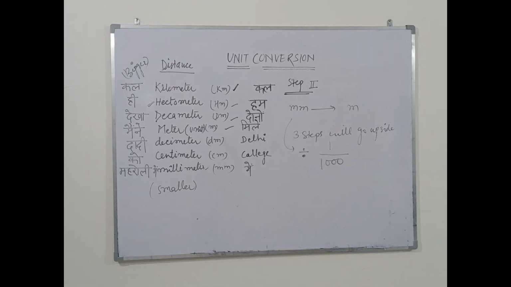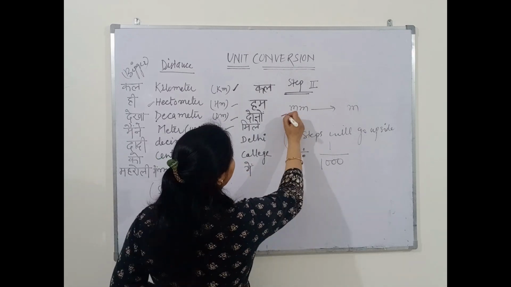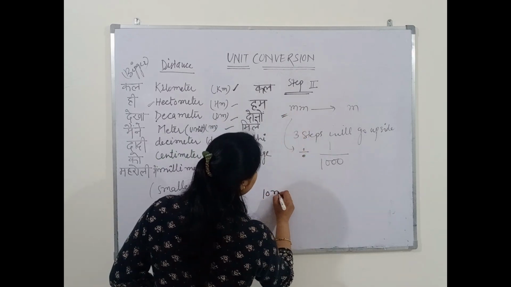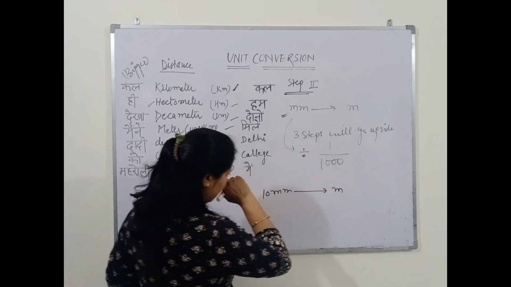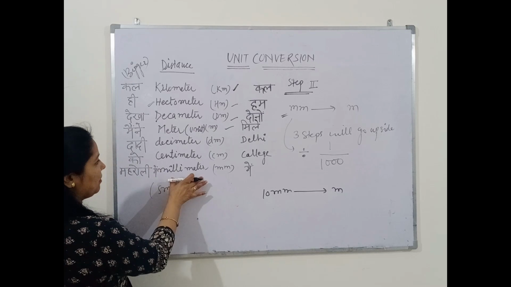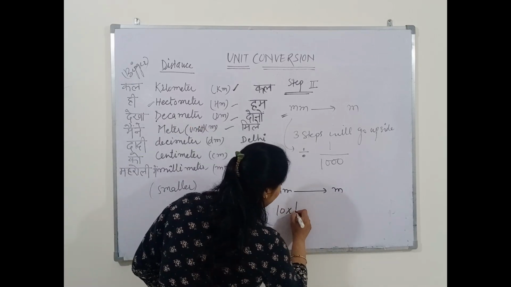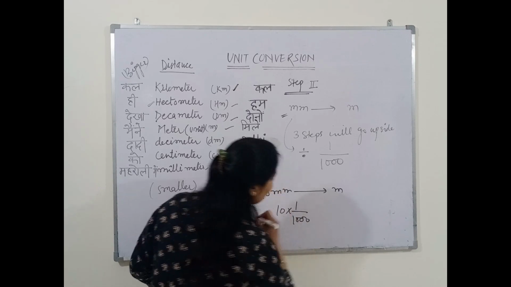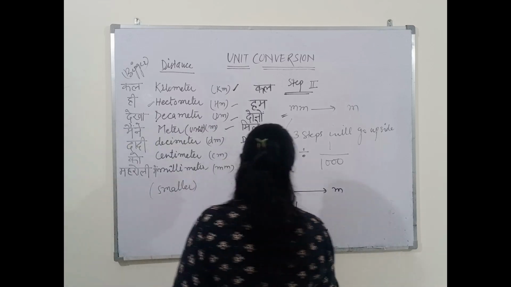We'll try to understand this with the help of an example. We'll take 10 millimeter into meter. So millimeter, leave this step. 1, 2 and 3 steps. So this value will be divided by 1000 because we'll go upside 3 steps. That means 1000.